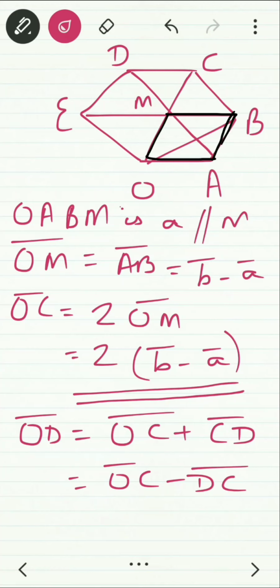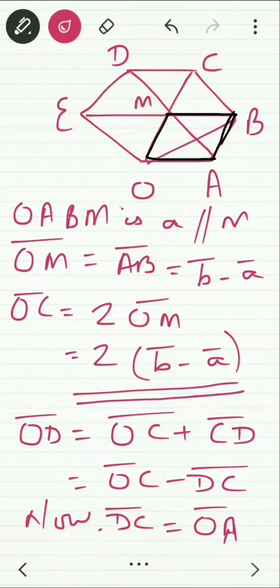Now, in a regular hexagon, opposite sides are equal. So DC is equal to OA. So we have DC bar equal to OA bar, and OA bar is nothing but A bar as given.